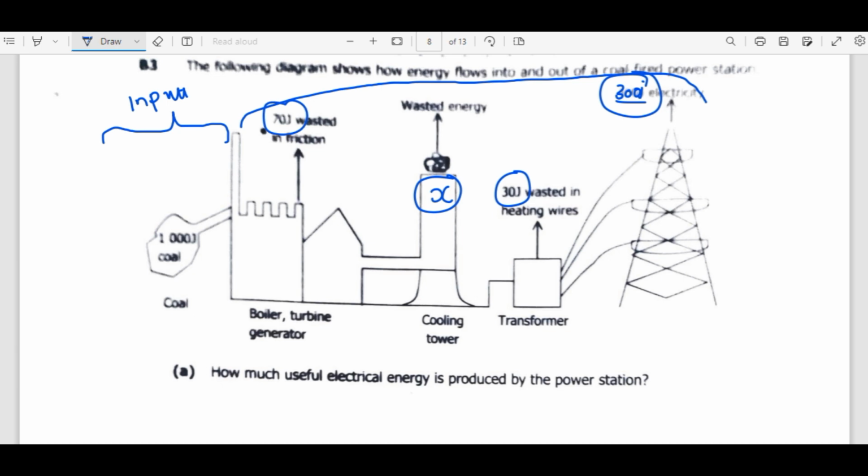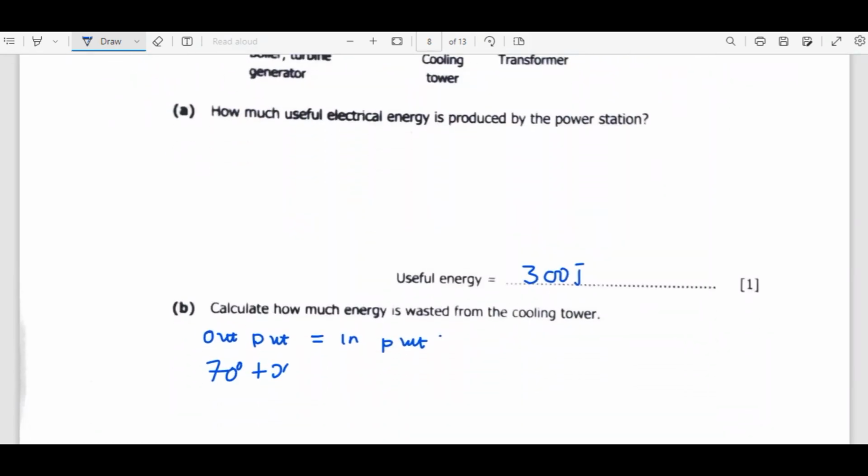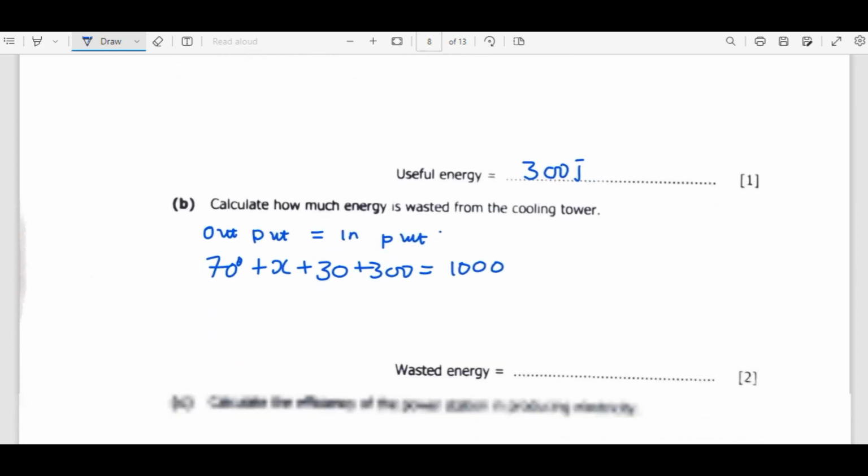This must add up to 1000. The input was 1000. So 70 plus 30 is 100 plus 300 is 400. So here we have 400 plus X is equal to 1000.